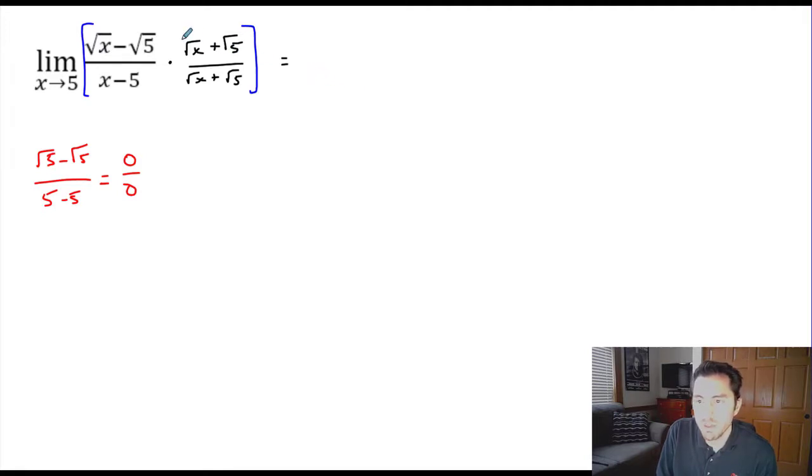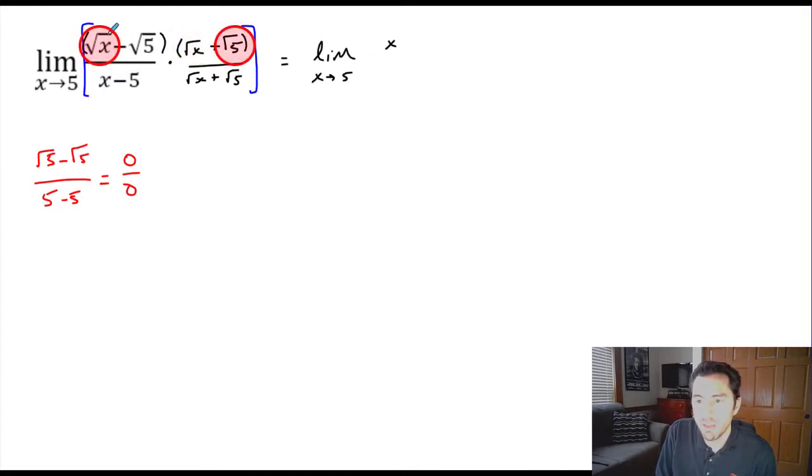So I need to multiply this all out. I'm thinking about this like these are in parentheses. So what we're going to end up with, so I still have my limit. In the numerator, the square root of x times the square root of x is just x. In the middle, these terms are going to cancel out.